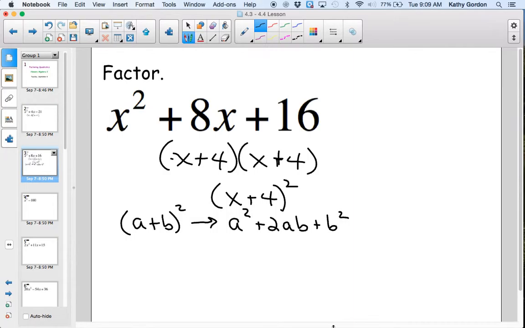When the a is just an x, I've got the x squared from a squared, and the x is here. So what that leaves me with is the 2b, and what David's saying is, if I just divide the number by 2, and then square that to see if I get this, then it must fit this perfect square trinomial pattern. So that's another way I can think of it, and then I just know it's going to be x plus 4 quantity squared because of the pattern.